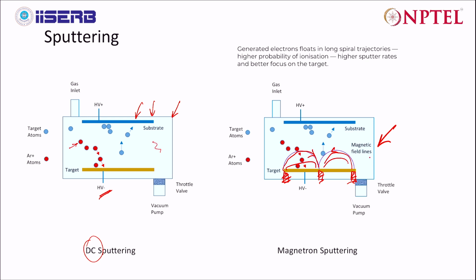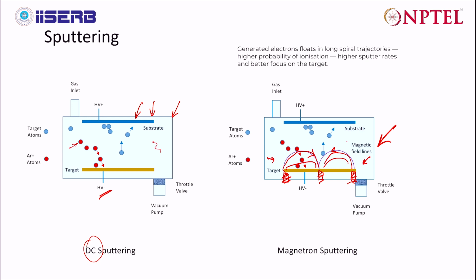So the electrons generated inside the chamber now travel a longer trajectory, and they have a high probability of ionization because they'll hit more atoms near the target, and in that way they'll create a lot of ionized atoms in the plasma.